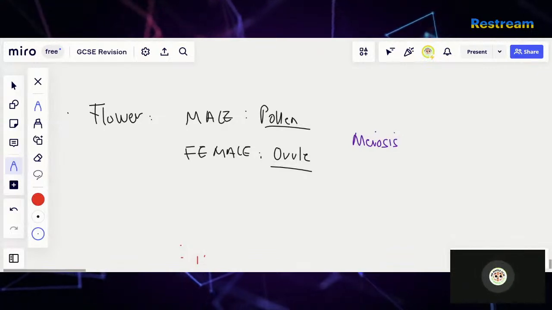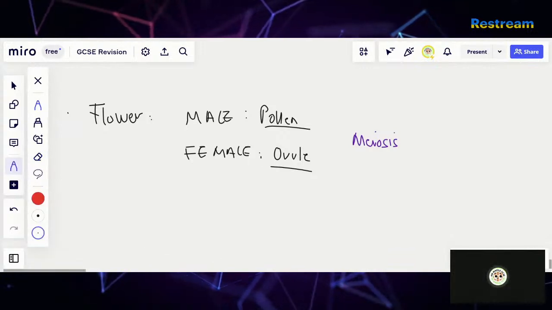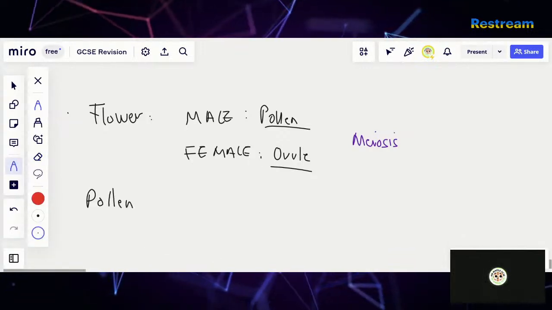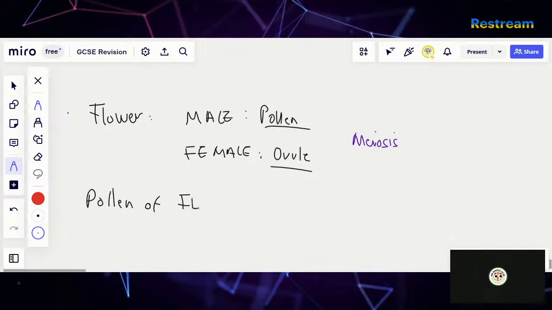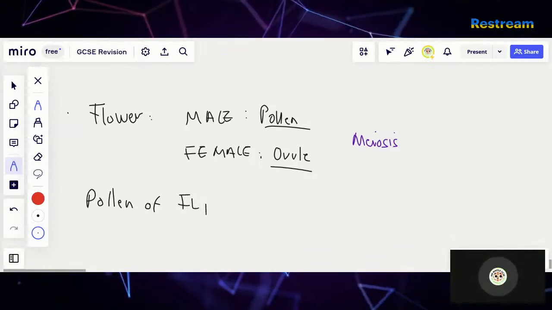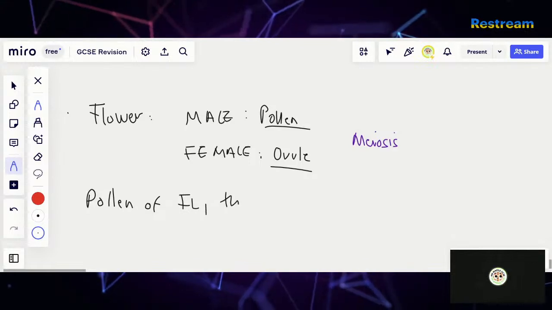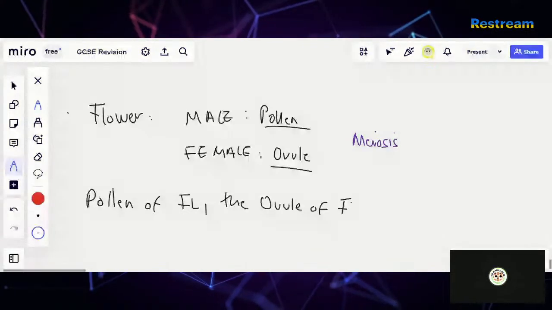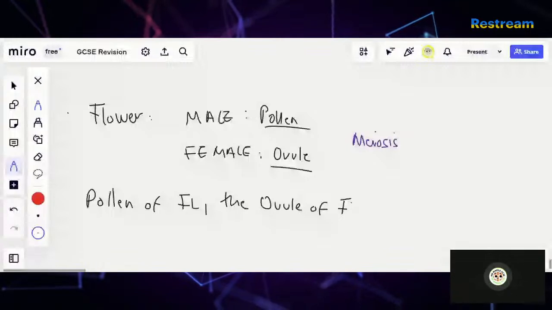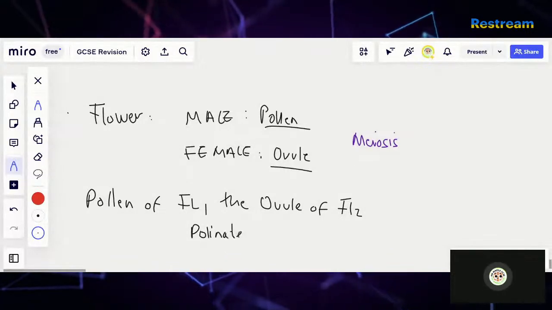Now what happens is that the pollen of one flower, so pollen of flower 1, then pollinates the ovule of another one. Let's call this one flower 2. So the pollen of flower 1 pollinates the ovule of flower 2.